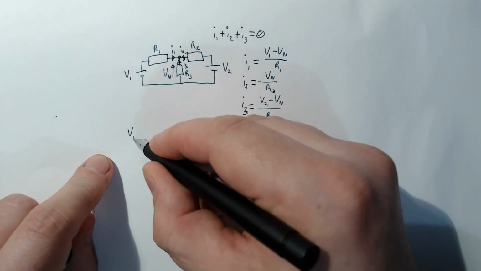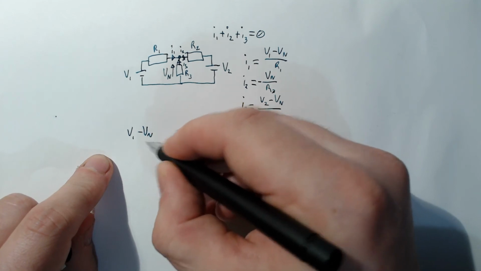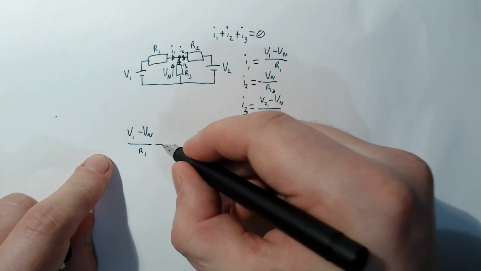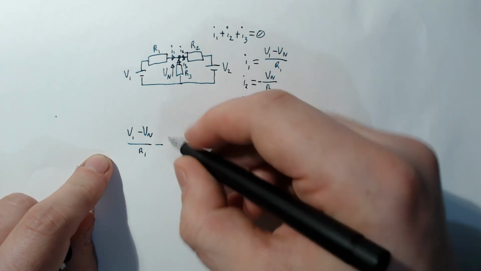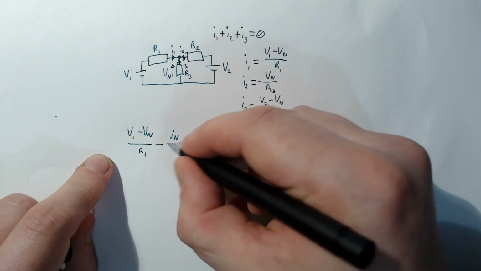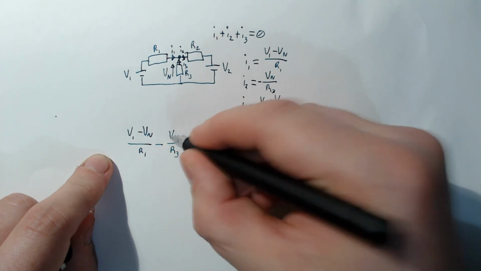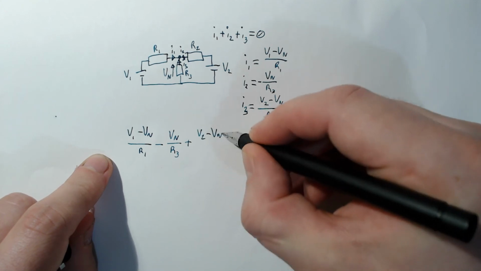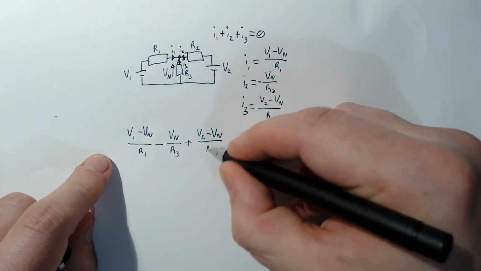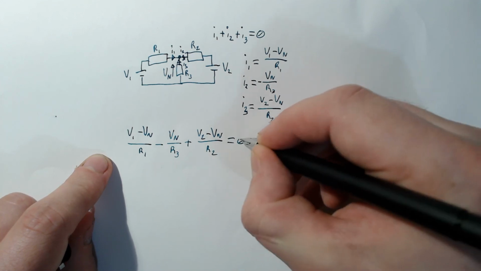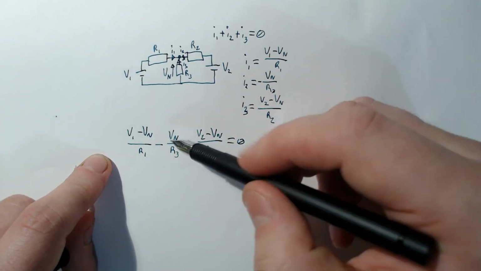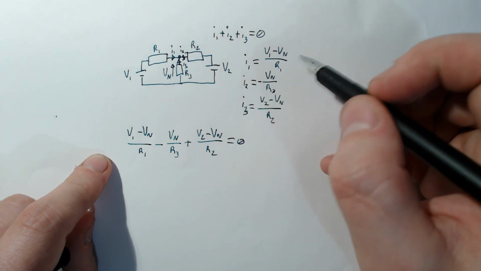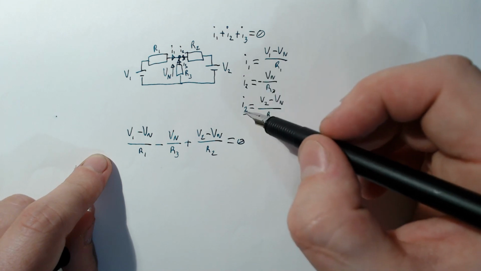So V1 minus Vn over R1, and note the minus, that's here, so that's minus Vn over R3 plus V2 minus Vn over R2 equals 0. And using this, assuming we've got all the values, we can work out Vn, and then from Vn we can put that back into these equations to find out any of the currents.